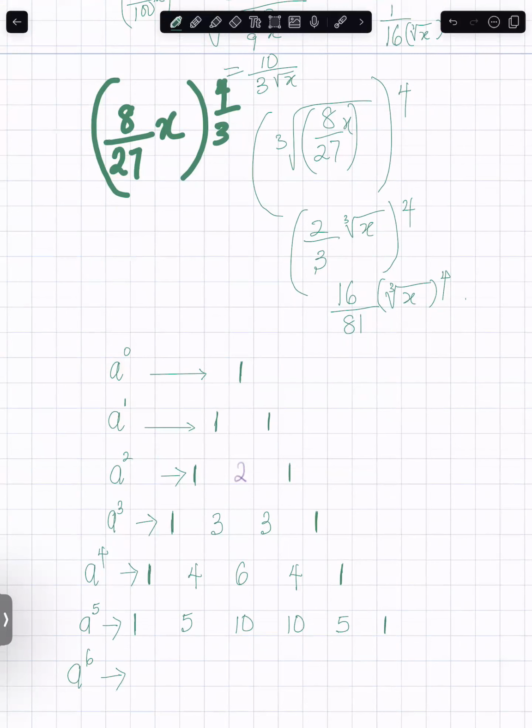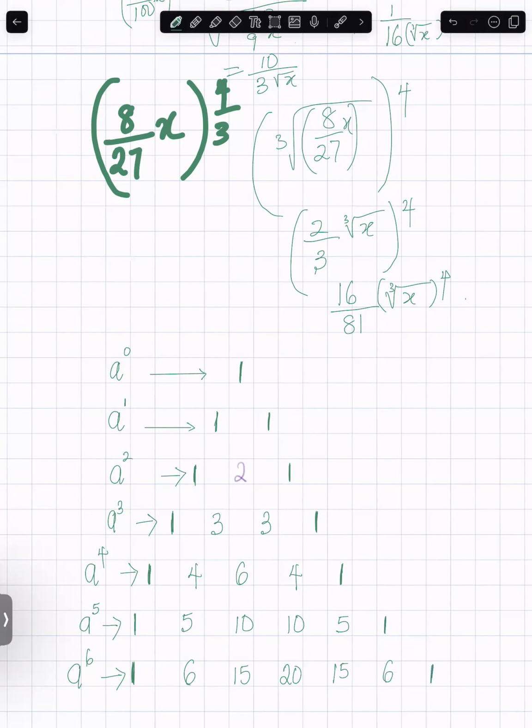So the first is going to be our 1, then 1 to 5 is 6, 5 plus 10 gives 15, then 10 plus 10 gives 20, 10 plus 5 is 15, 5 plus 1 gives 6, then we have 1.